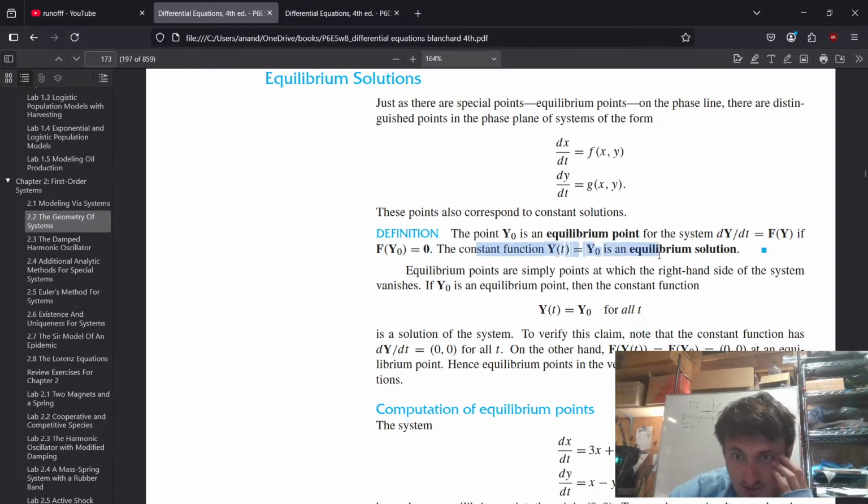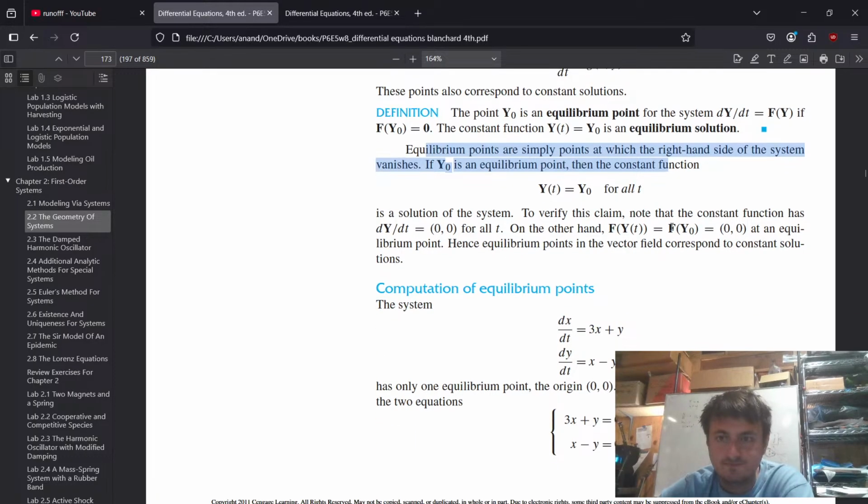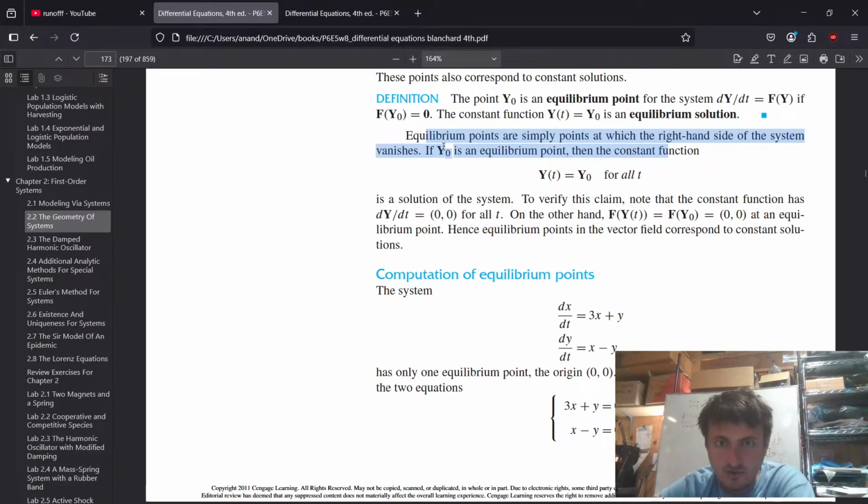The constant function is an equilibrium. Equilibrium points are simply points at which the right-hand side vanishes. If y0 is an equilibrium point, then the constant function is a solution to the system.